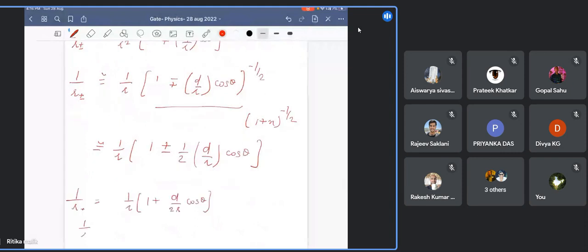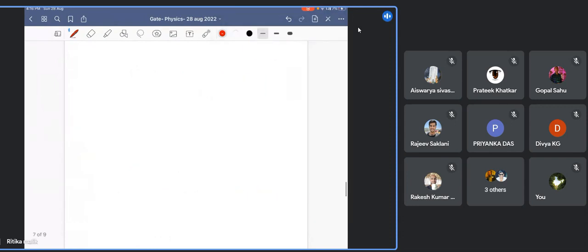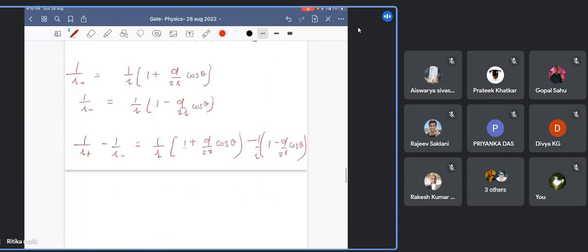When we calculate 1 by r plus minus 1 by r minus, which is necessary for our potential, we are left with 1 by r (1 plus d by 2r cos theta) minus 1 by r (1 minus d by 2r cos theta). So this term will cancel out this one, and these two get added. So we are left with d by r square cos theta.